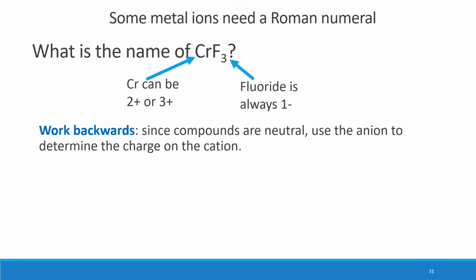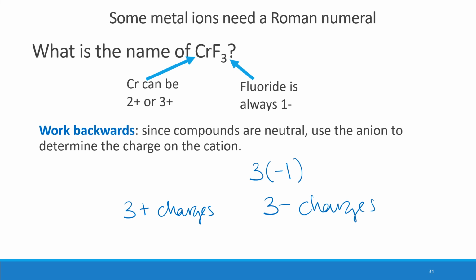So if I have 3 fluorides in there, that means I have 3 times -1. I have a total of 3 minus charges. And so I must have 3 plus charges too. And so that chromium, that single chromium ion there, must be carrying that 3 plus charge. And so the name of that compound is chromium, and then in parentheses, Roman numeral 3, fluoride.